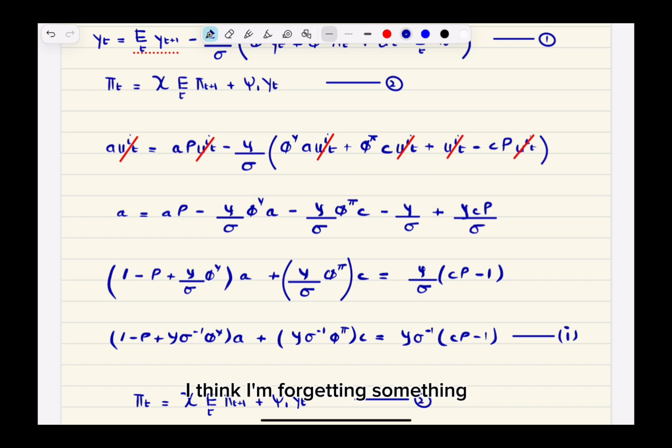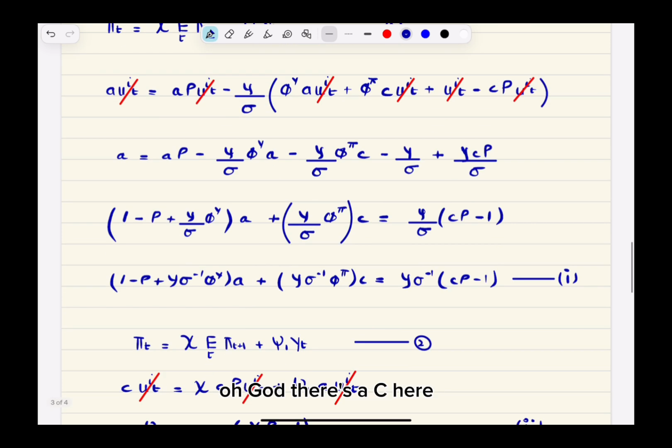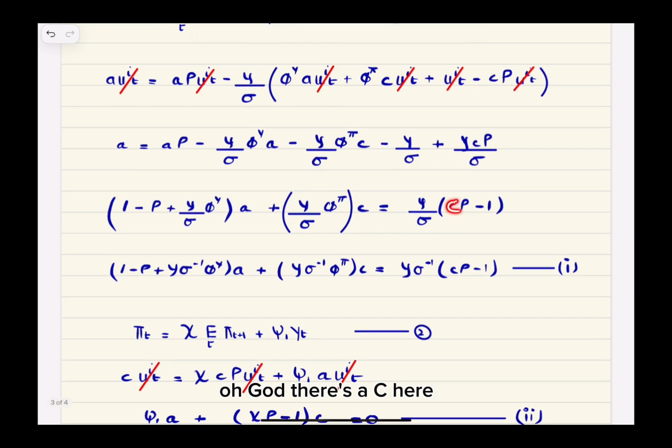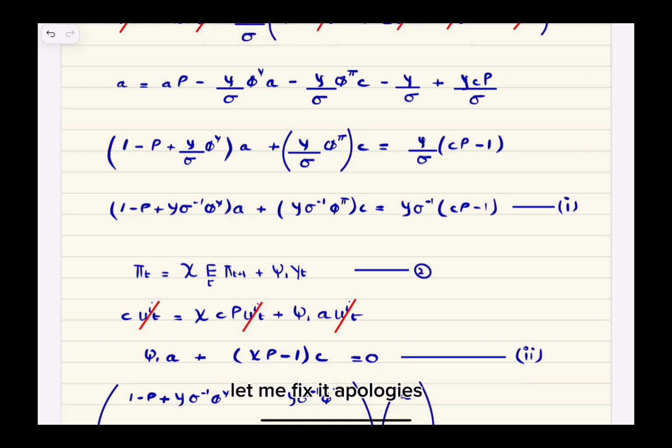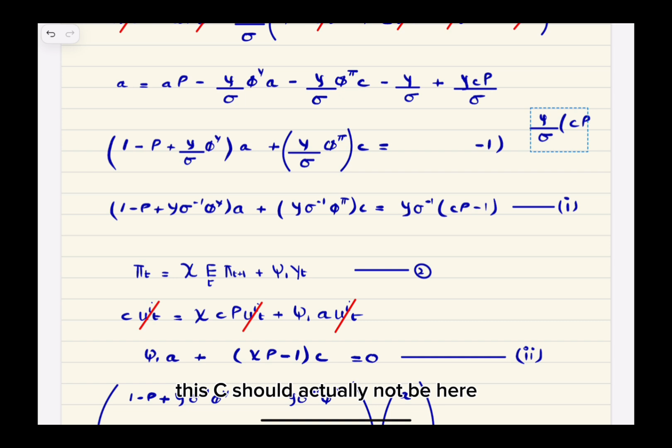I think I'm forgetting something. Oh God, there's a C here. So C should have, oops, let's fix this. I just noticed because I was about to write this on the side. Okay, let me fix it. Apologies. This C should actually not be here.